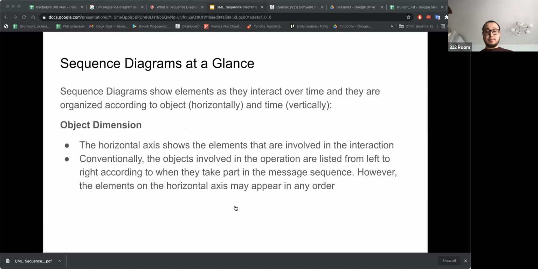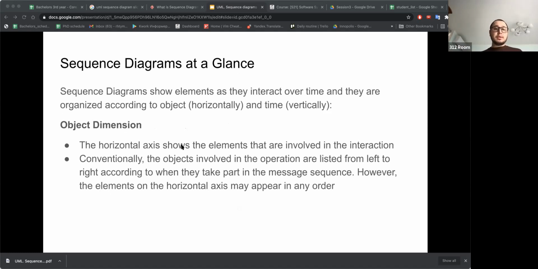If we look at sequence diagrams at a glance, there are two dimensions. First is the object dimension, in the horizontal way, and the time dimension, which is represented in the vertical way.